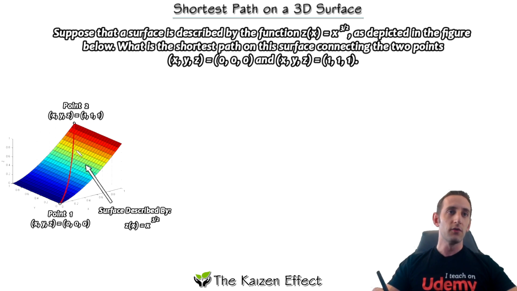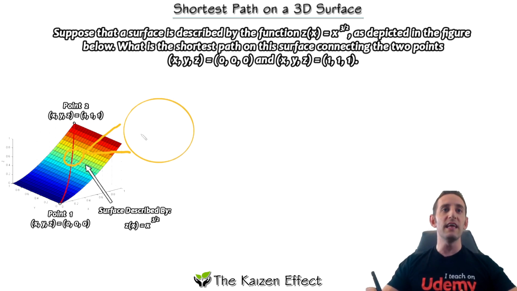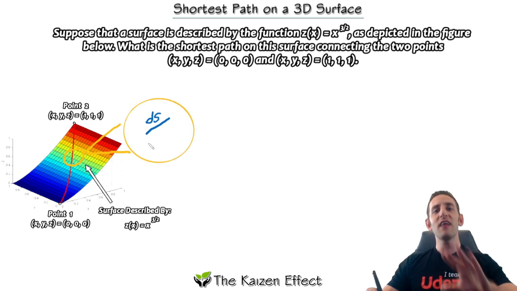So what we're going to do is take a look at an infinitesimal segment on this curve. So I'm going to take this guy right here and blow it up right over here to a big guy right there. And we know that along this curve, an infinitesimal length right there that we're going to call, let's use ds. We know that we could form different segments of this. Now, if we concentrate on the x and the y components of this, we're going to have x, y, and z.